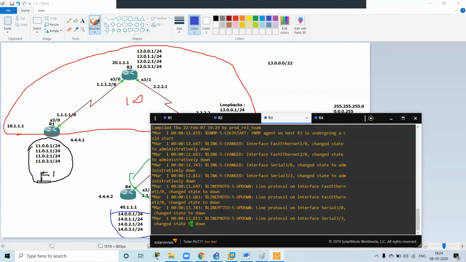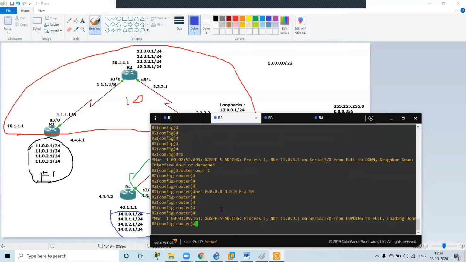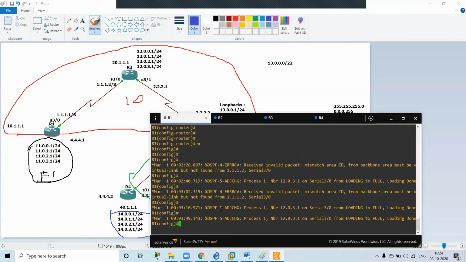One question on R1: you did the redistribution of EIGRP 100. What was the 100 referencing again? 100 was the autonomous system. Yes, autonomous system. That's right. I'm configuring autonomous system 100. Okay. That's it. Thank you.